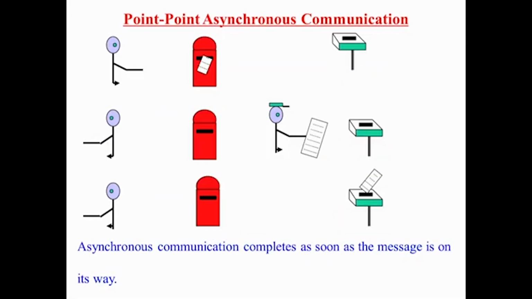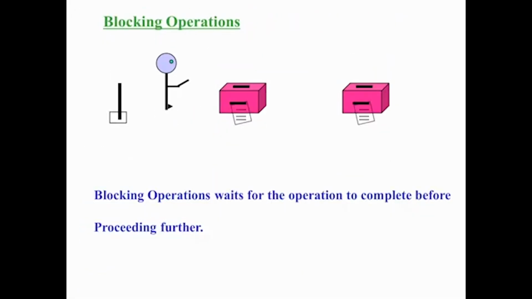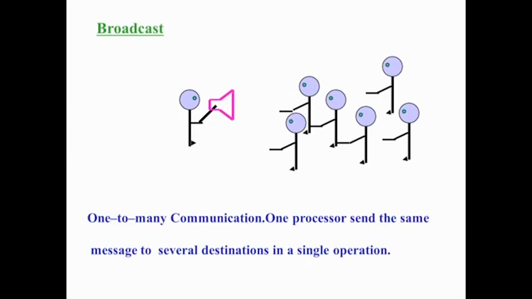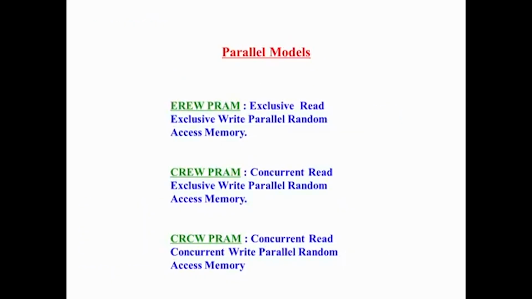I just want to talk about one aspect here, which I call a barrier. Today I will talk about barrier, and then from tomorrow's class, for the next two classes, I will cover the parallel models of computation.